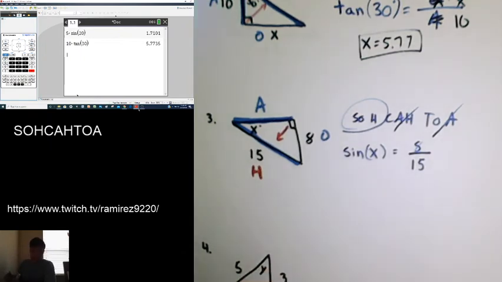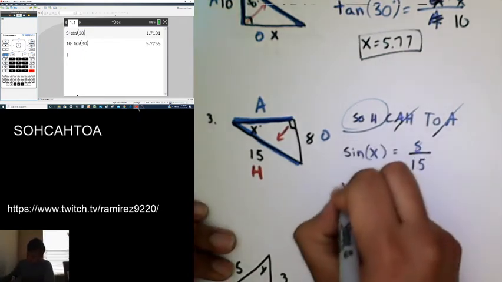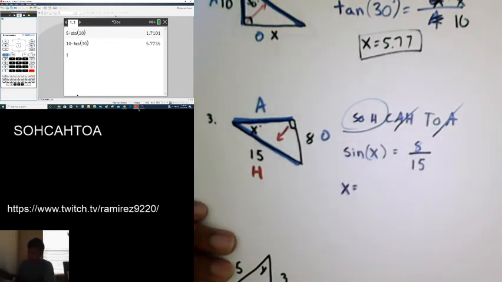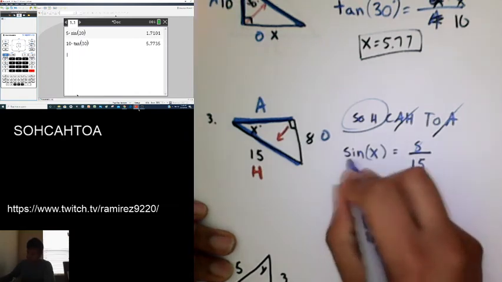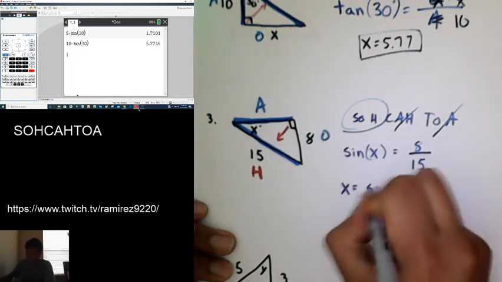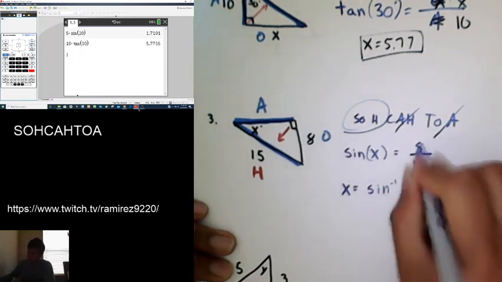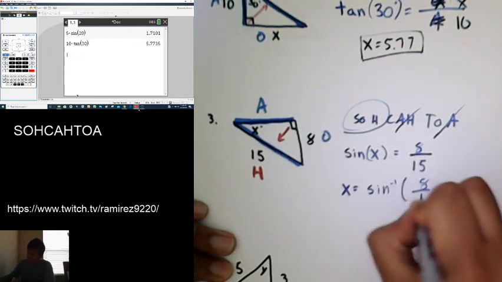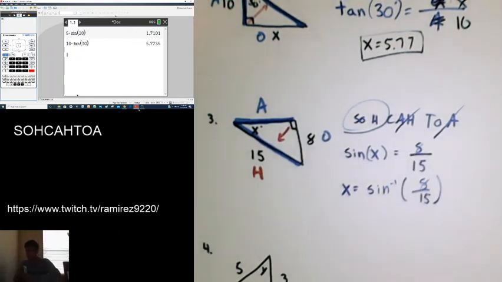Now sine is actually a function, so if I want to solve for X, I have to do the inverse, and it's very easy. There's a simple pattern here. Basically, I would just do X is equal to the sine inverse, literally the sine inverse, and I'm going to use the same fraction. And so when I get my calculator, I'm just going to look for the sine inverse.